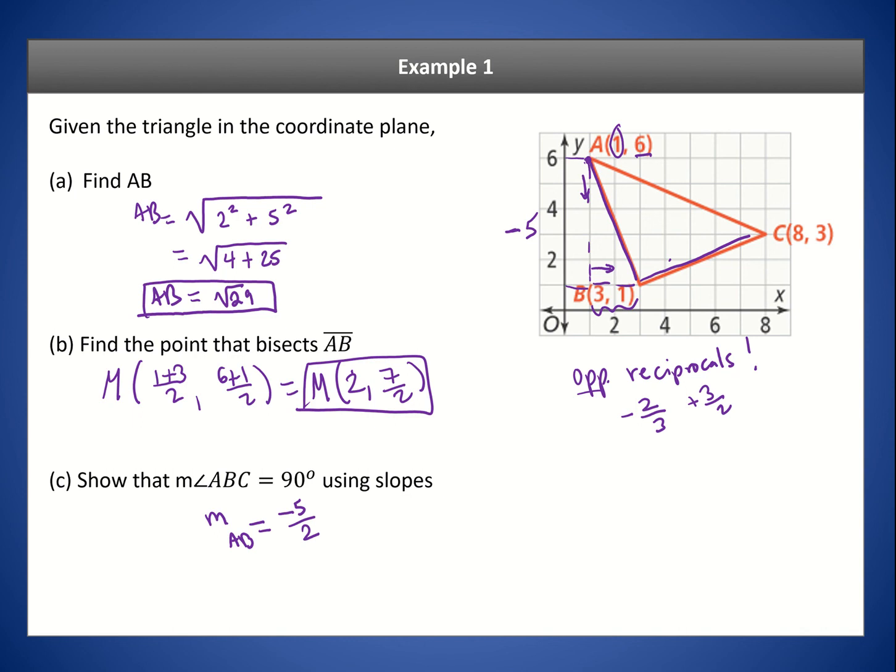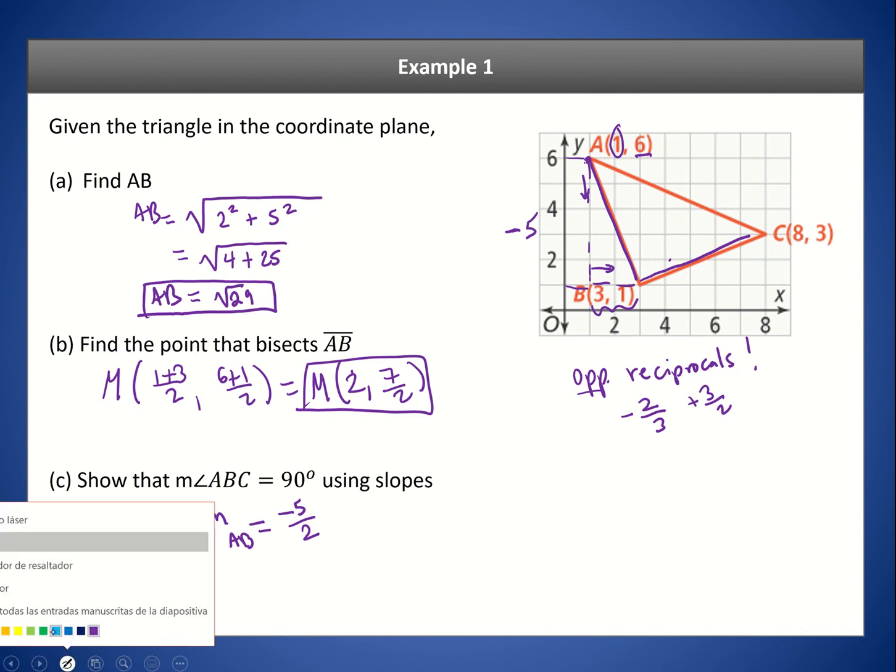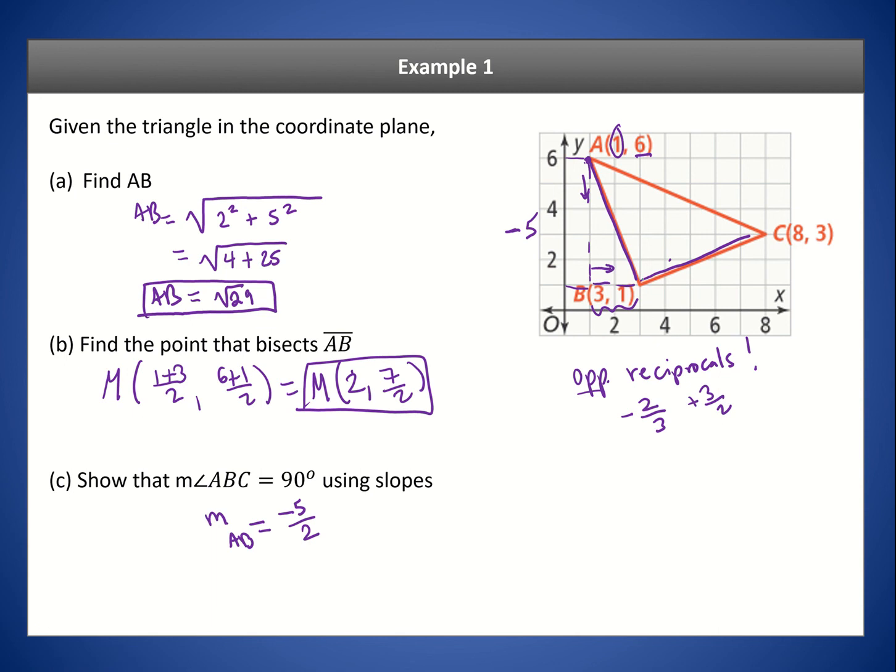Now let's use a different color, and instead we'll do this slope. Let's do the run first. The run is from 3 to 8, so we do 8 minus 3, which is 5. Then the rise.